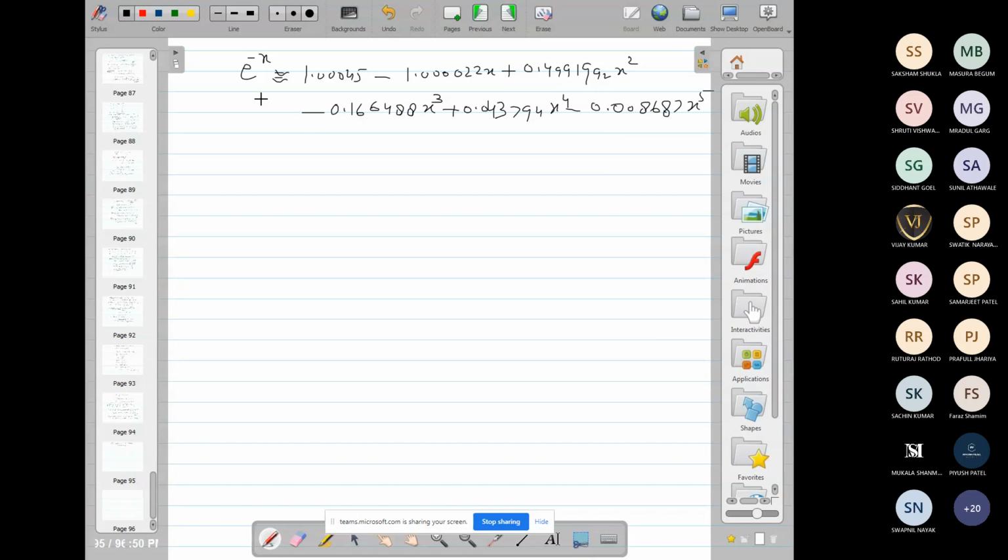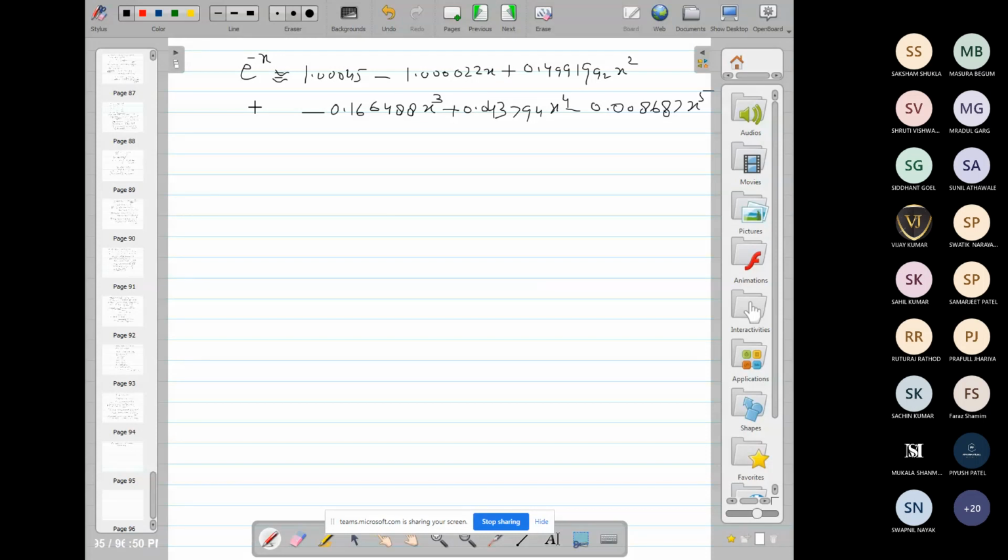So now you see, for the same function we obtain this expression. Actually this is not the Taylor series expansion. Now it is an approximation, an approximate form. This is phi x, the approximate form of the function e to power minus x.